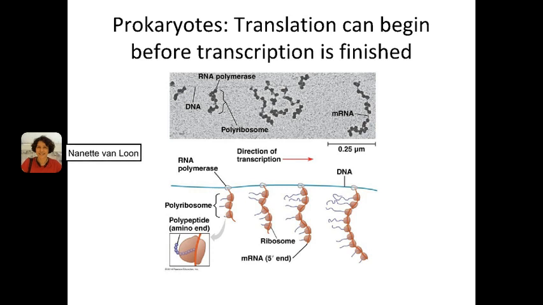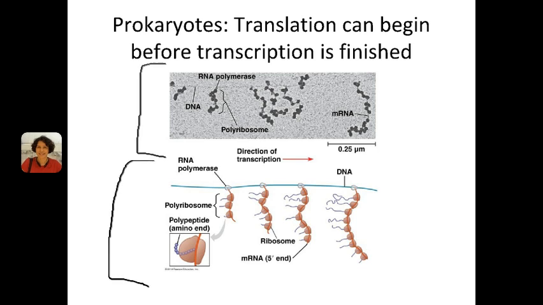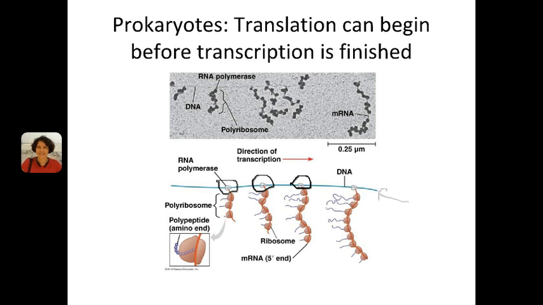This slide illustrates what was being described in the previous one. So we see on the top an electron micrograph, and in the bottom the interpretation. Let's start with the bottom because that is clearer, easier to explain. The blue line that we see here is the DNA molecule. So that is the template that is going to be transcribed. It is being transcribed by RNA polymerase, and there are 4 copies of RNA polymerase moving along the DNA.